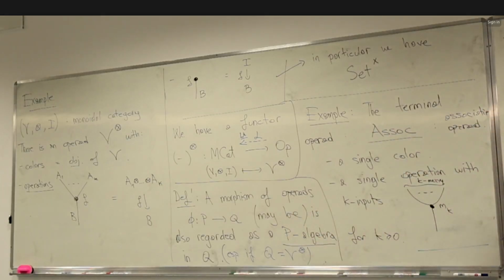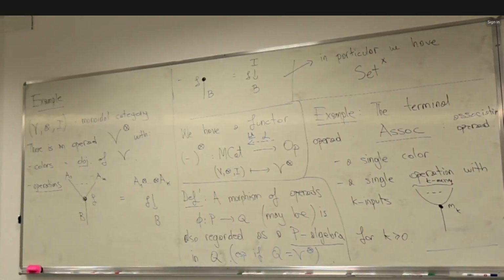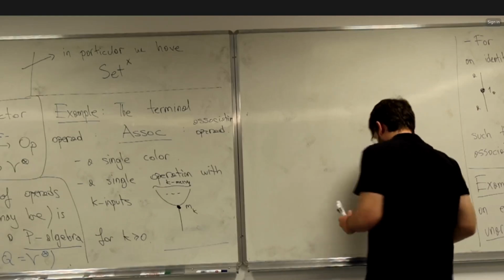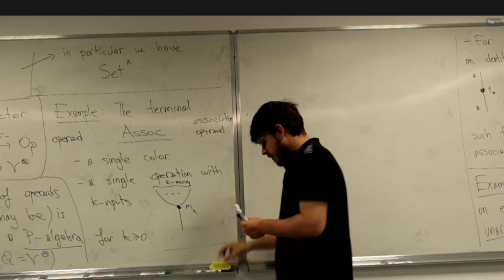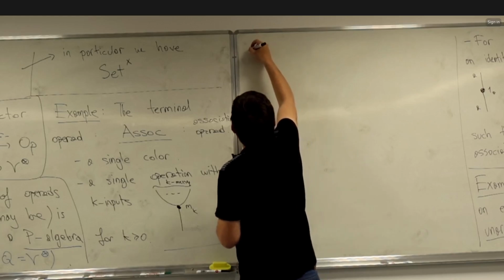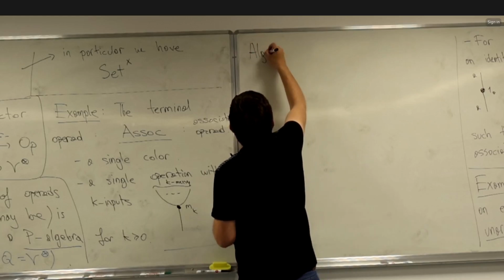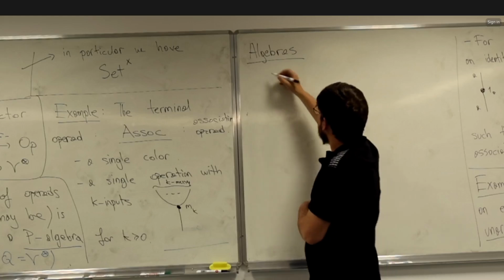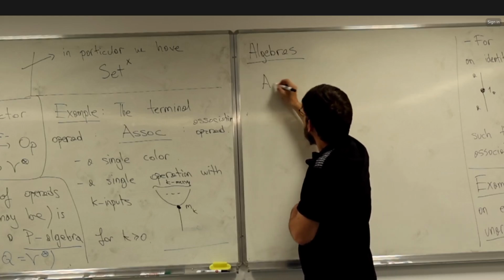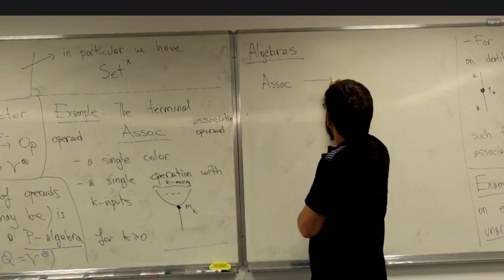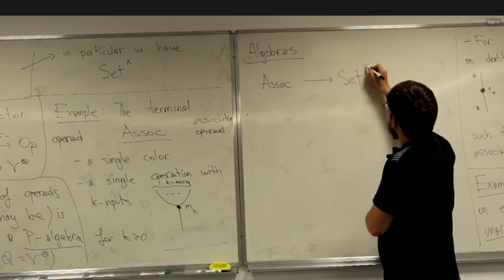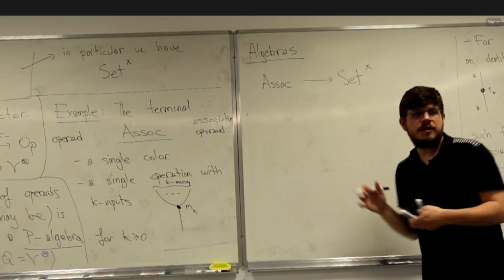Now, the algebras. Let's see, for example, in Set, well, how do I form this? The morphism of operads from Assoc to, say, this operad of sets, right?